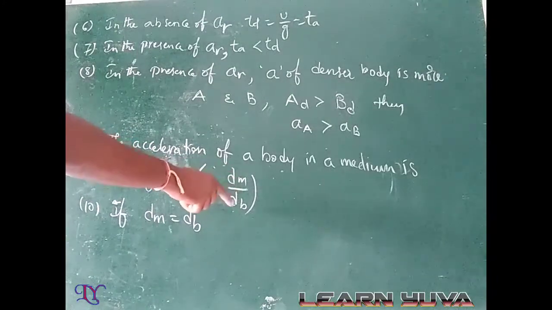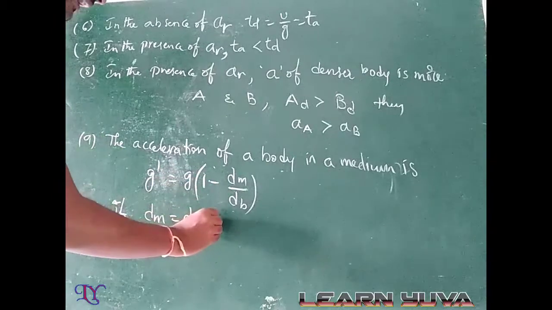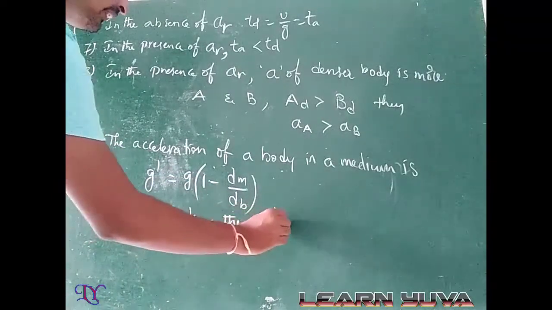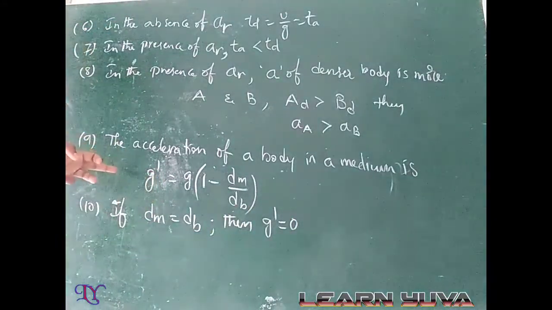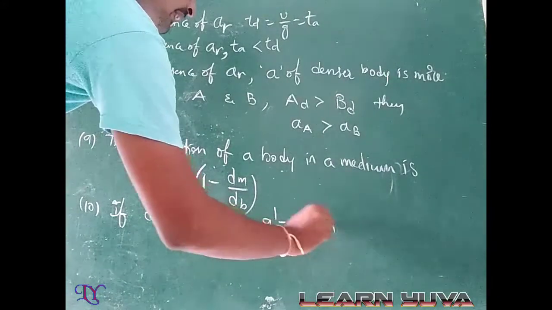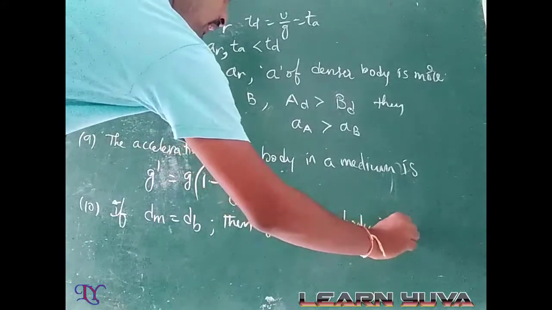They cancel: 1 minus 1 is 0. Then gravity, the acceleration in that particular medium, is equal to 0. Then this value is 0 and this value is 0. So we can say that the body is at rest.